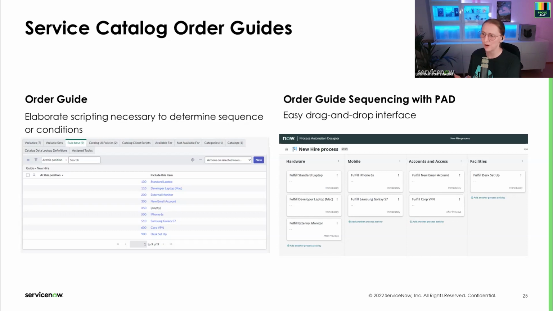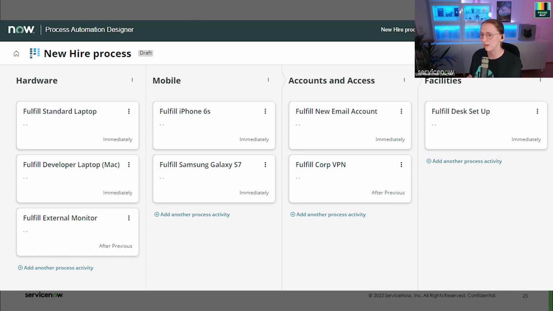So with Process Automation Designer, creating an order guide sequence makes the sequencing of request fulfillment so much easier. You can add new lanes. You can tell the lanes to run in parallel or after another, or when the previous one starts. You can have the same for the different items, and you can move them around and drag and drop. It's super awesome. So definitely check this out.